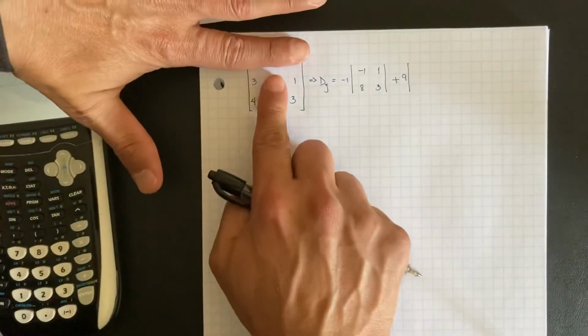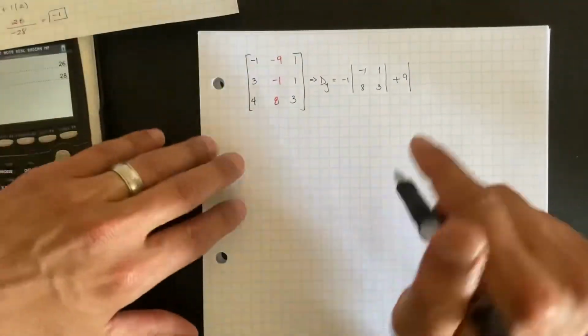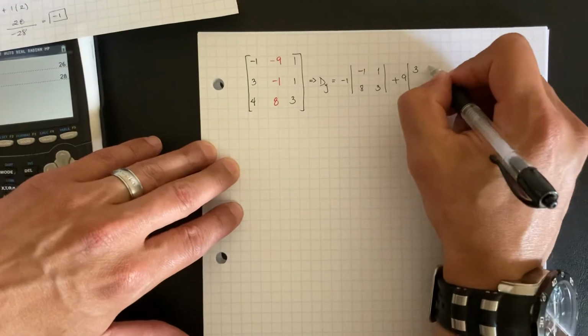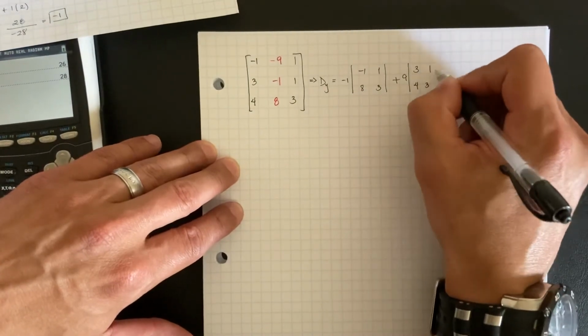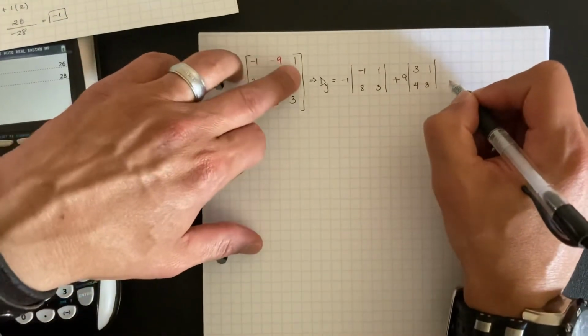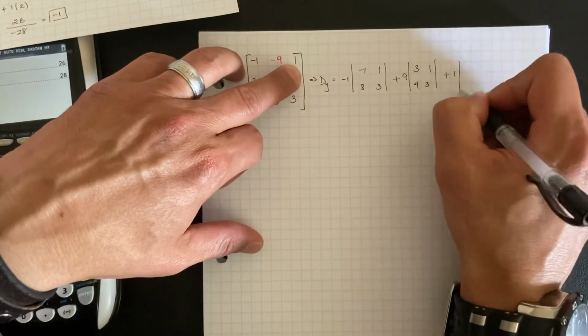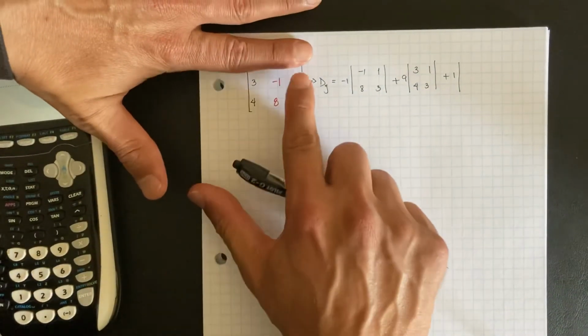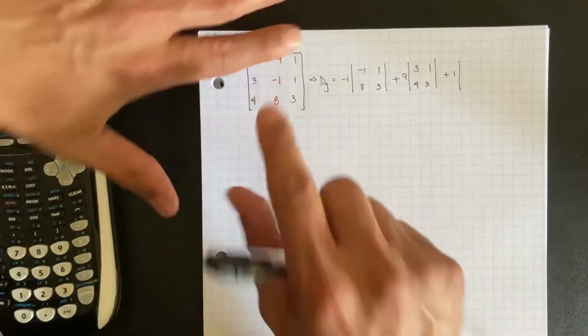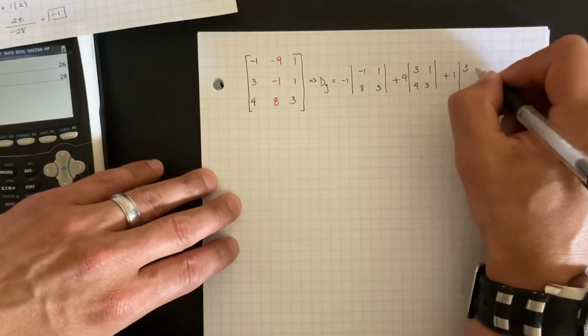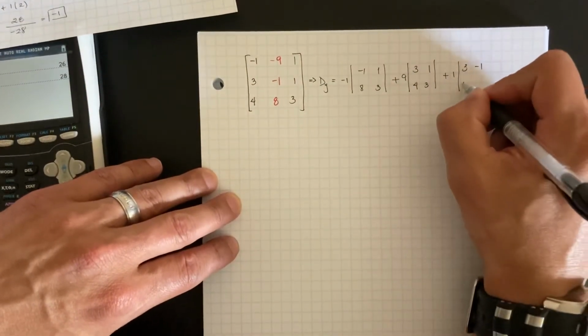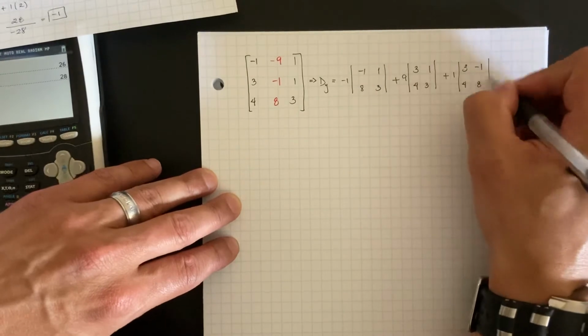And then first row, second column, we're left with 3, 1, 4, 3. So positive, negative, positive. Okay, and then cover up the last row, last column. So 3, negative 1, 4, 8.